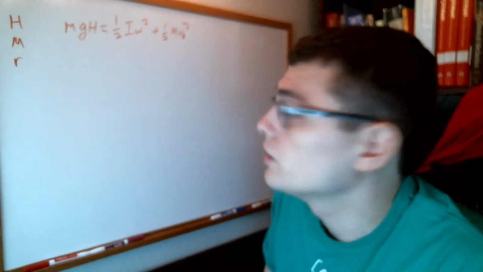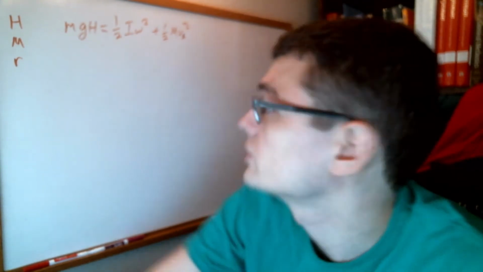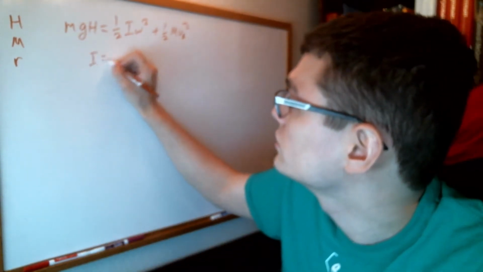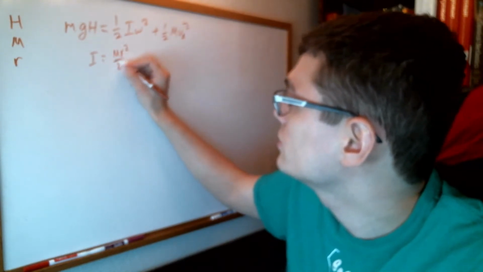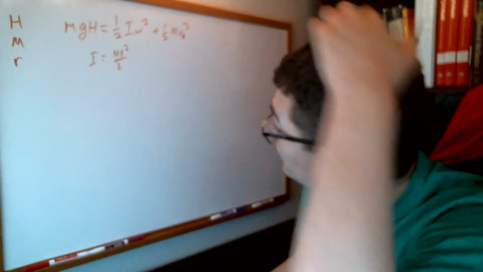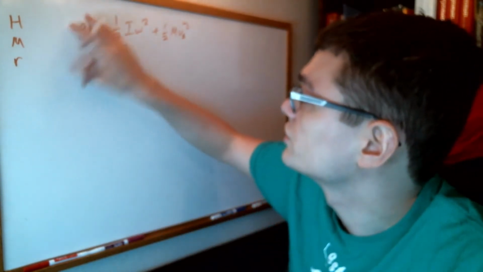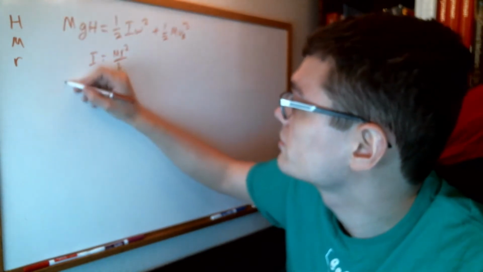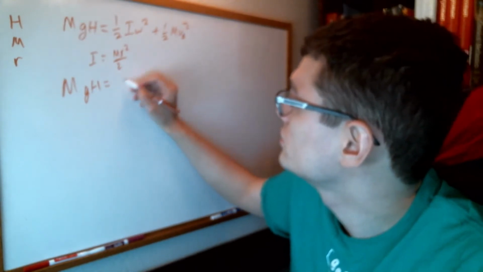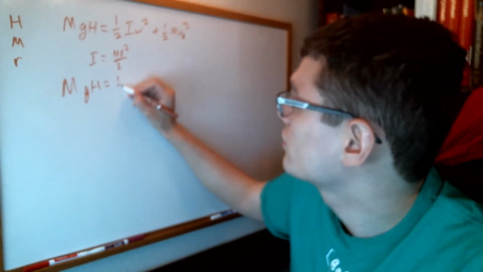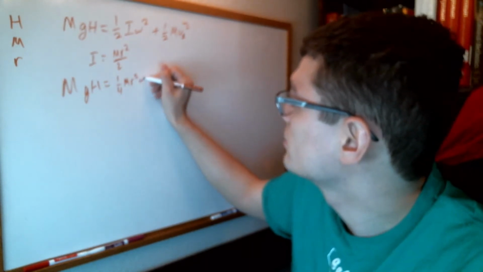And so we look up what I is for object A, and I is equal to mr squared over 2. We can see that these are all the same m's, we don't have to worry about that. So mgh is now equal to 1/4 mr squared omega squared.